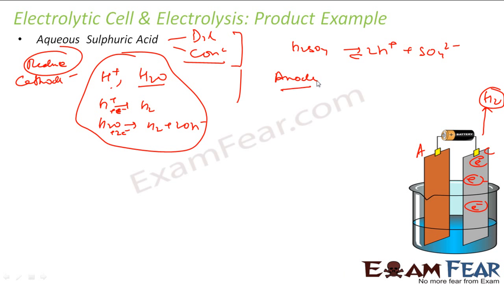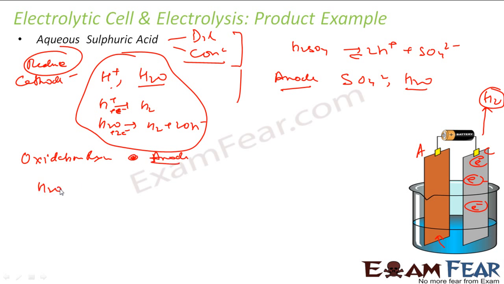At anode, the candidates for oxidation are either SO4 2 minus ion or water. Let's see the oxidation reaction. Reaction at anode, both possibilities, we'll see. Let's see for water.